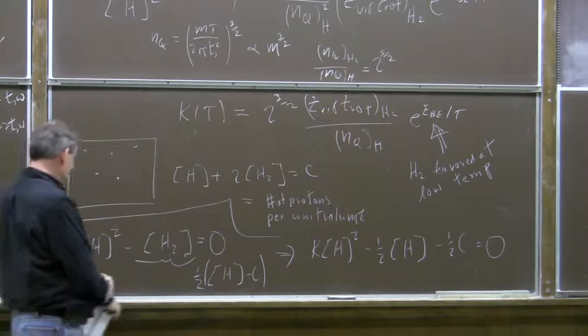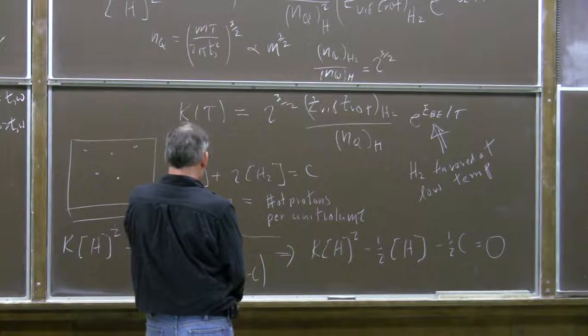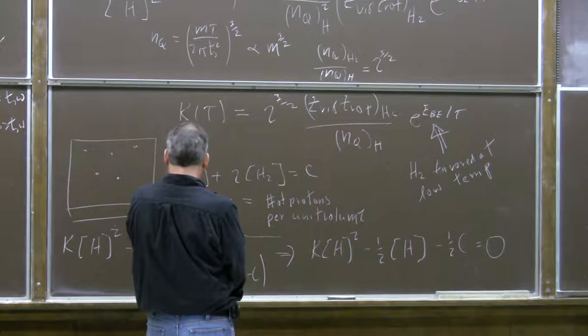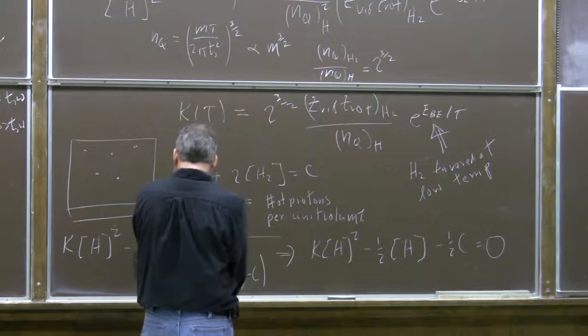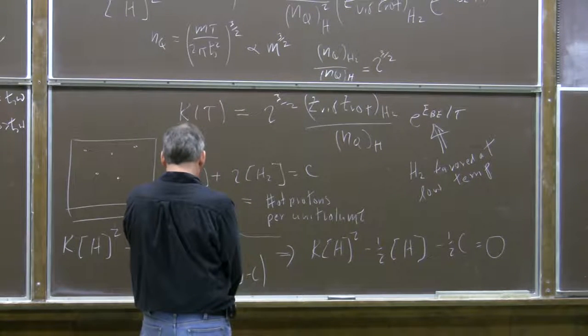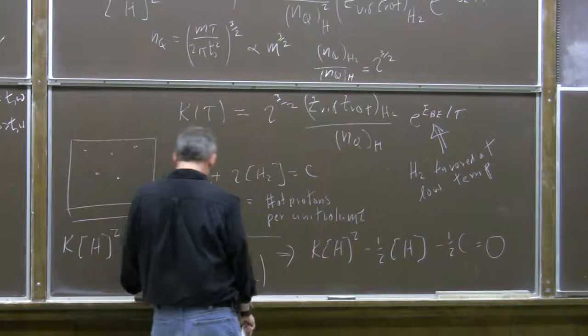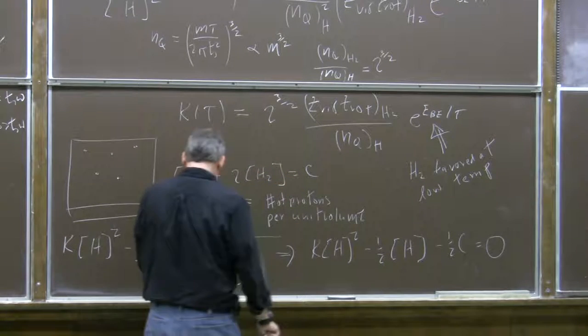Okay, that's equal to minus 1/2 minus C. Oh, okay. I should get rid of the parentheses, right? No, that's not right.